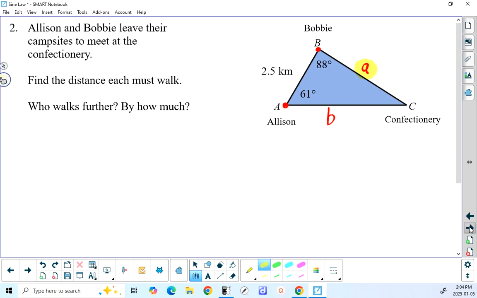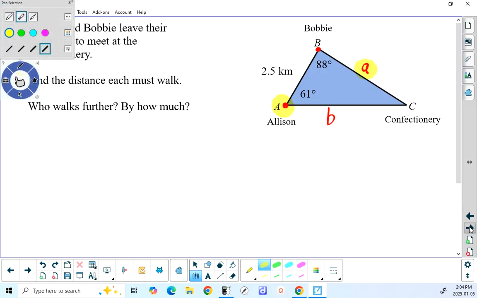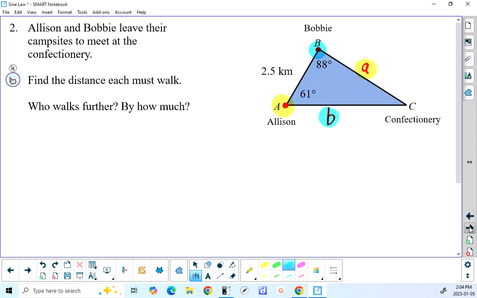A is how far Bobby walks, whereas B is how far, and I might as well highlight this in yellow because then we have a pair. On the other hand, this B is how far Allison walks, because Allison has to walk that distance at the bottom.